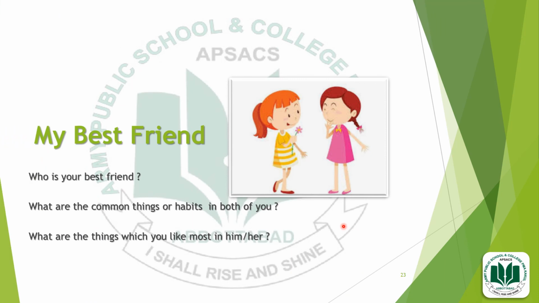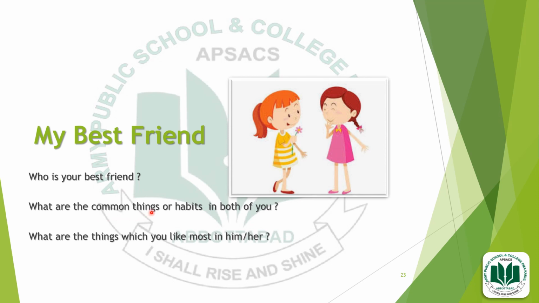Here you can see a picture of two friends. You can see that these are two friends, and as I told you, you have to write down about your best friend. So here I am giving you two or three questions or options which you can mention in your essay or paragraph. For example, you can say who is your best friend.